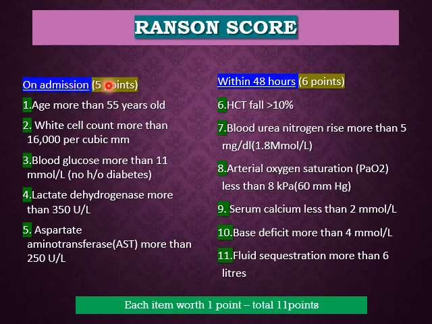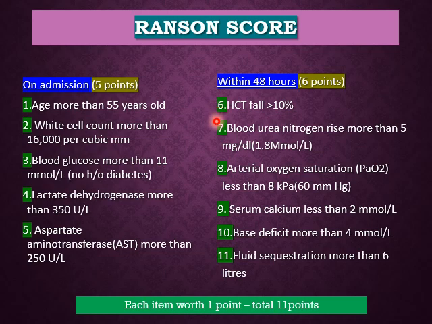First, on admission, there are 5 of them: age of the patient more than 55 years, white cell count more than 16,000, blood glucose more than 11 millimoles per liter provided the patient is not diabetic, LDH or lactate dehydrogenase more than 350 international units per liter, and AST and ALT more than 250 units per liter. The other thing that you must do is to assess the patient within the next 48 hours of the onset of acute pancreatitis.